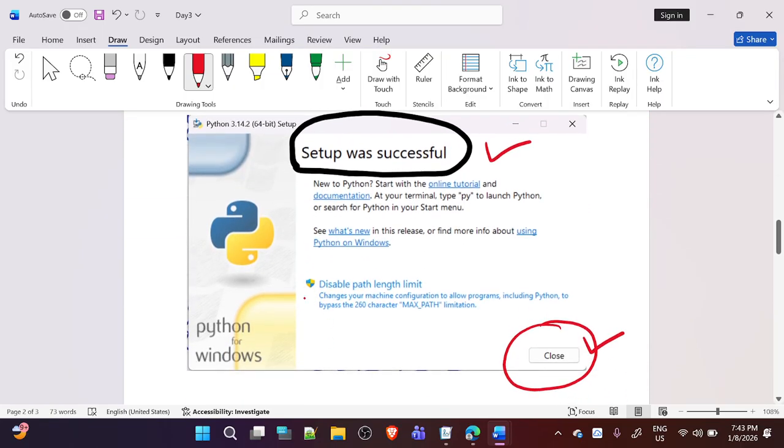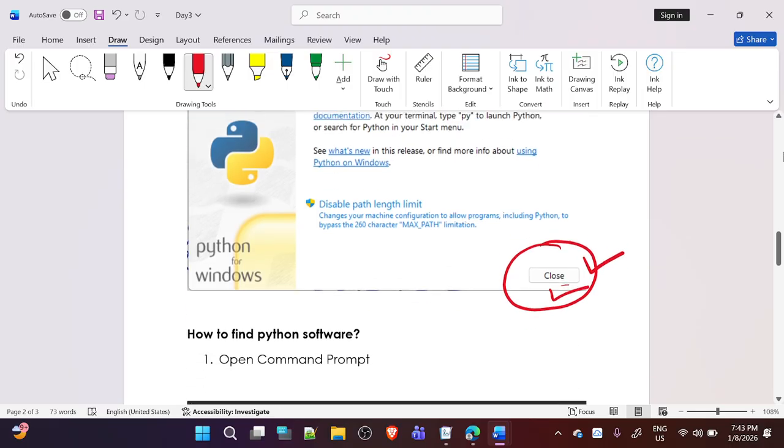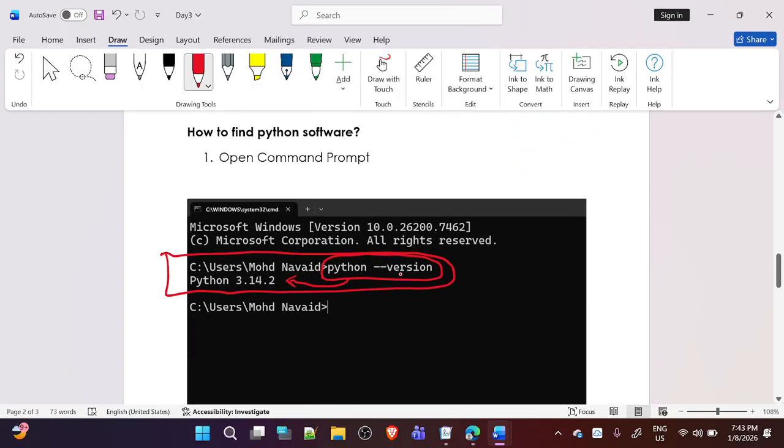If you get the message that setup was successful, you can close this window and check in the command prompt by writing this command. If you successfully installed Python, you will see the Python version. Otherwise, you will get an error. That error doesn't mean Python is not installed.